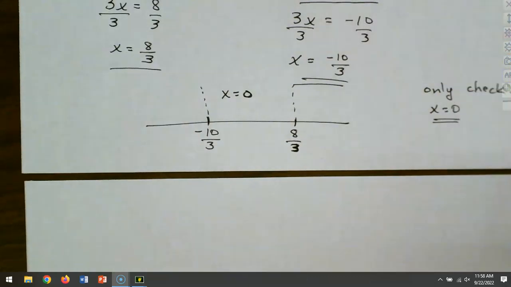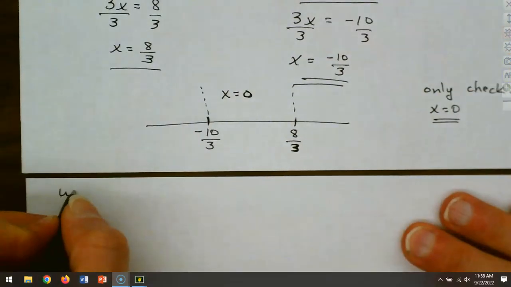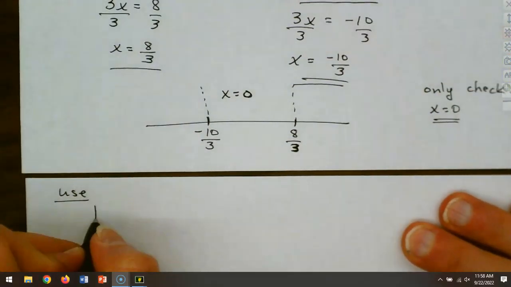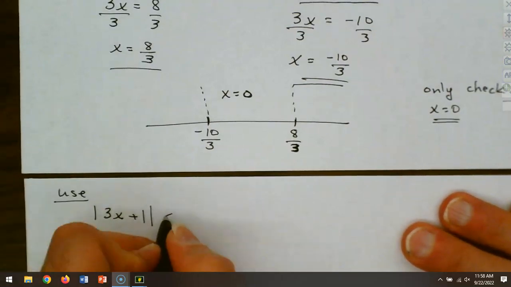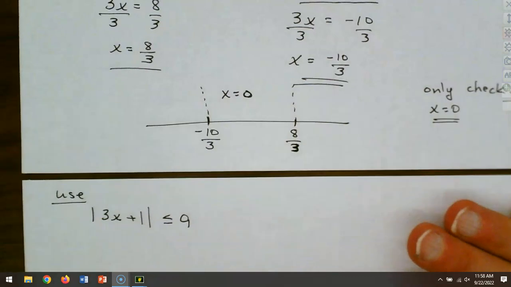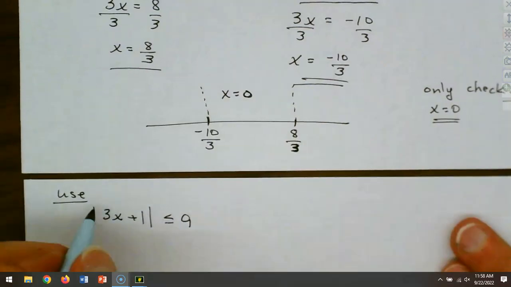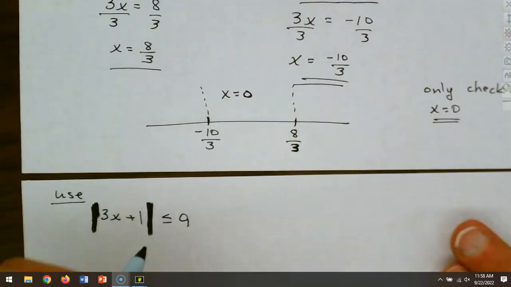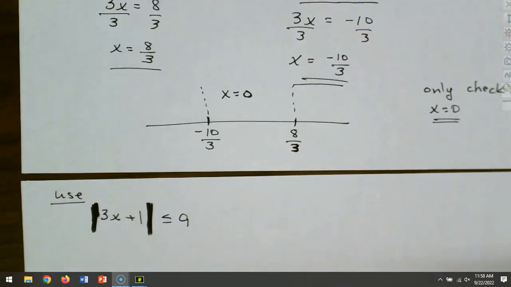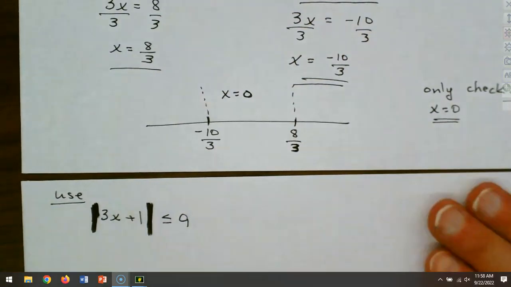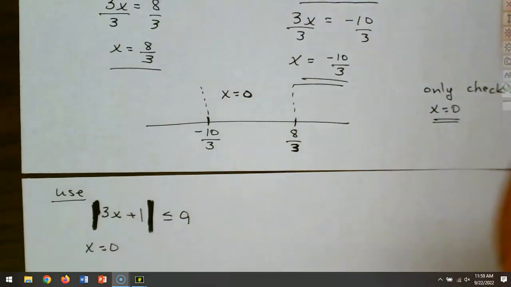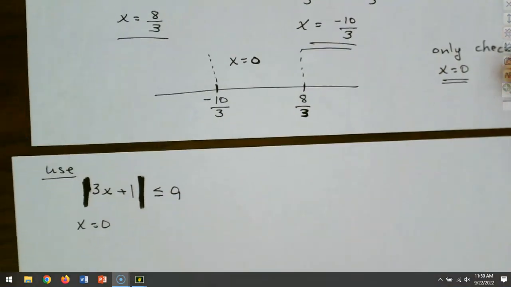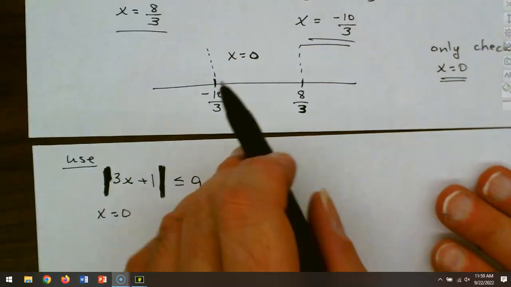So we go back to our highlighted one, and we're going to use now to check the absolute value of 3x plus 1 is less than or equal to 9. So that's what we're going to be checking in. And we're going to check x equals 0. So all we have to check is that, because 0 is in between.